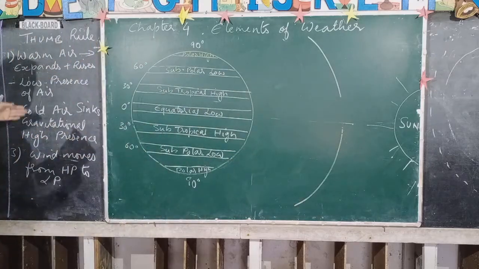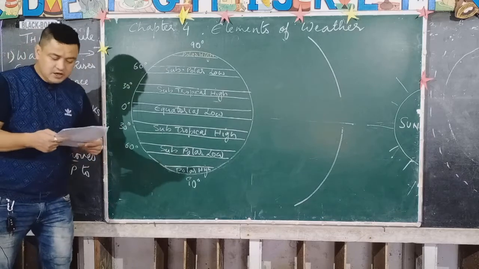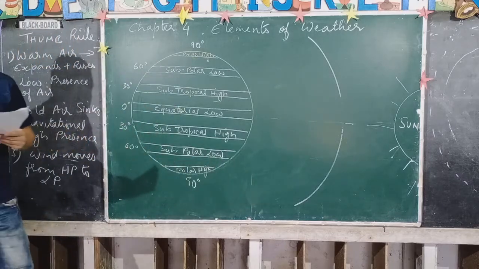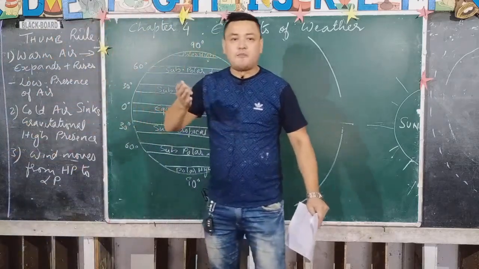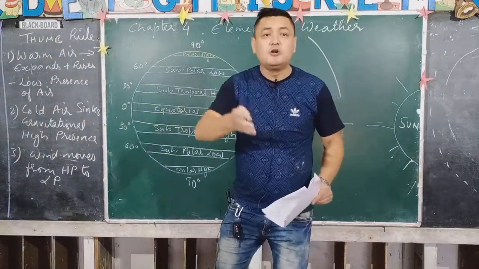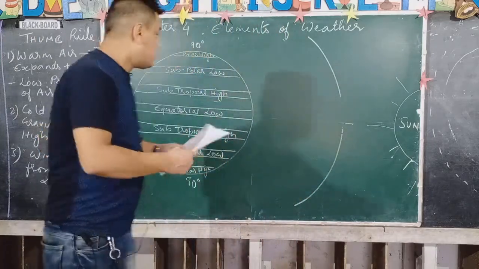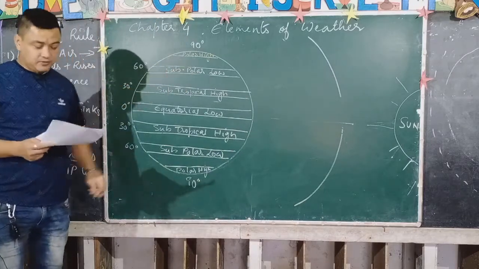In the second, you find cold air sinks due to gravitational force of the earth. High pressure of air on the earth's surface causes high pressure belts. Wind always moves from a region of high pressure to low pressure. It is also called HP to LP. So you have to understand this thumb rule in order to understand this.